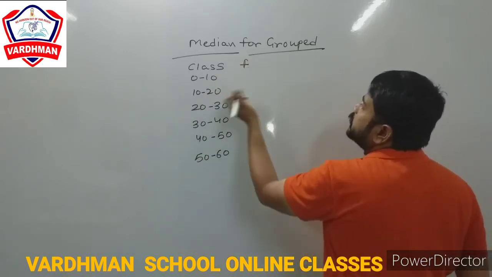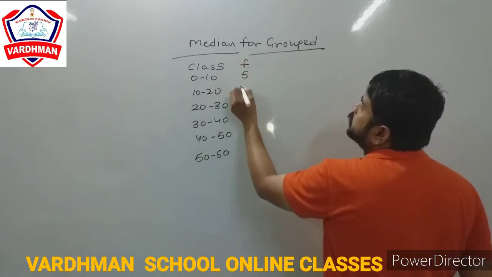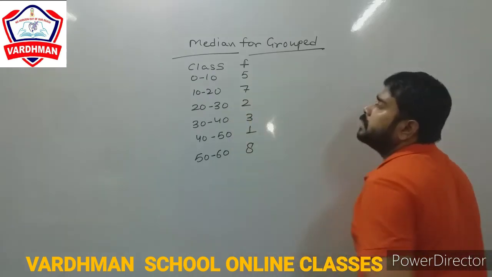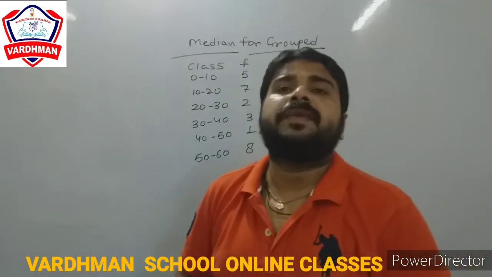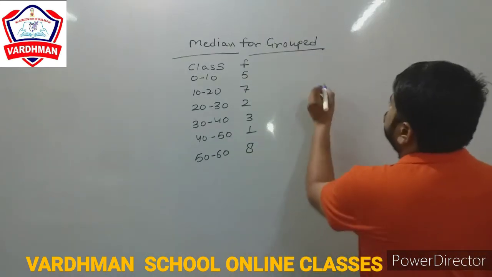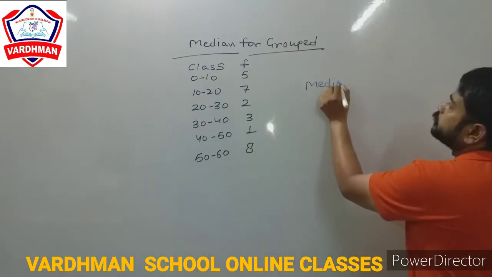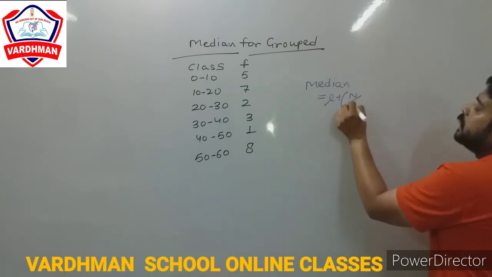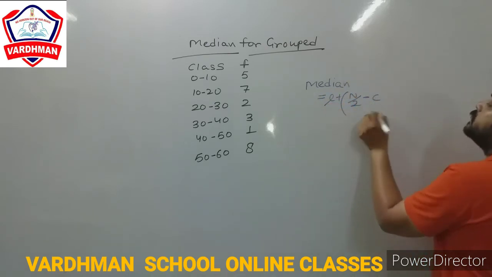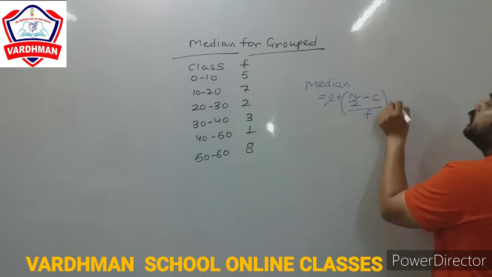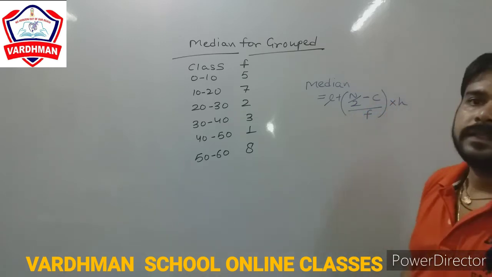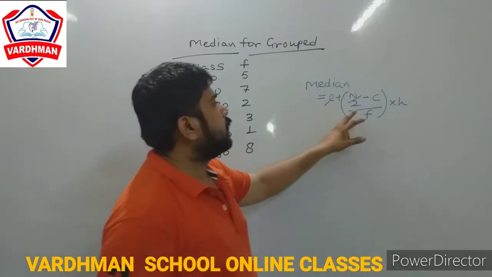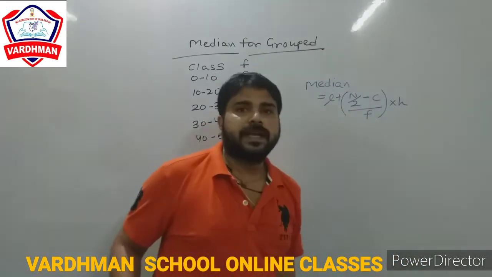The frequencies are 5, 7, 2, 3, 1, 8. We have to find the median, and the median formula is L plus (n upon 2 minus C) upon F, into H.